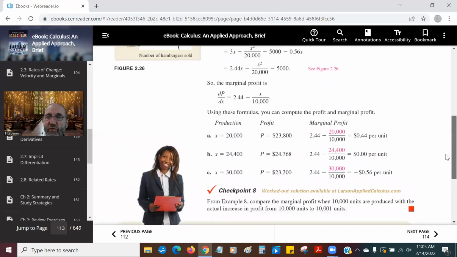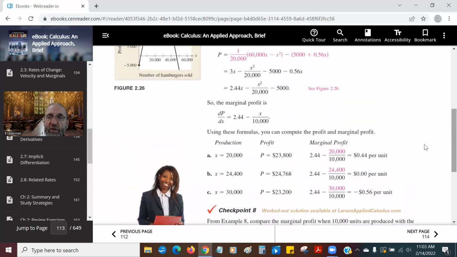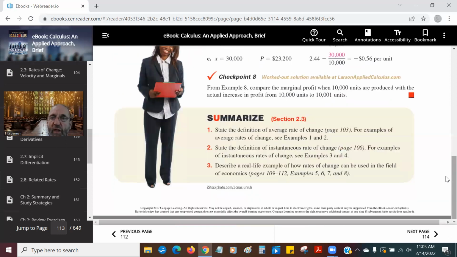All I'm doing is taking those two formulas and plugging in x equals 20,000, then x equals 24,000, then x equals 30,000, and I get these various numbers to spit out. So that is awesome, and that's kind of it.